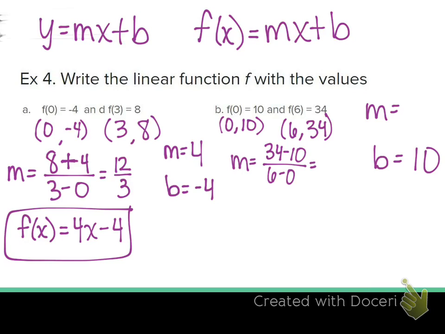Okay, what do we get from that? Reduces to 4 or 4 over 1. So we write our function f of x equals, ladies, 4x plus 10. Good.